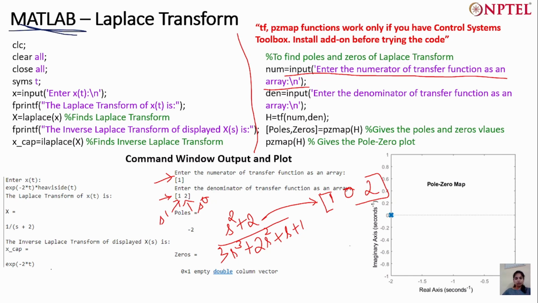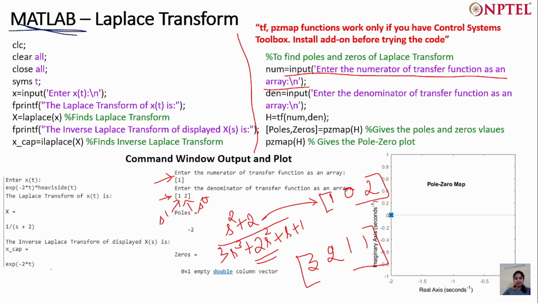How will I write my denominator? For s power 0, the constant term is just 1. The s term coefficient is again 1, the s square term coefficient is 2, and the s cube term coefficient is 3. So this is how I will write my denominator of the transfer function.